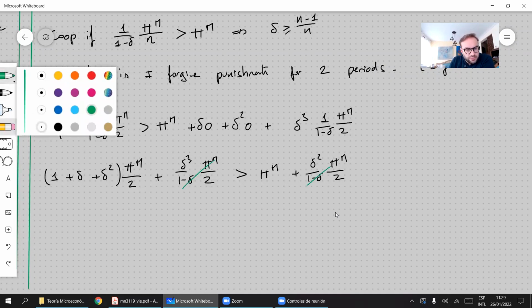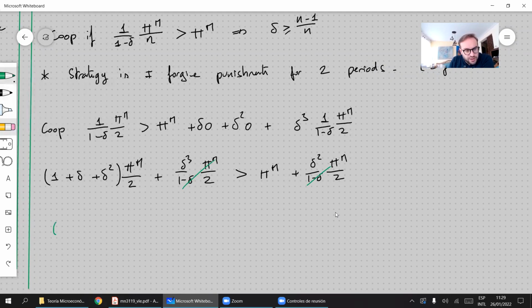And then I will end up needing to solve something like 1 plus delta squared, the profits divided by 2, needs to be larger than pi M, which I can simplify.